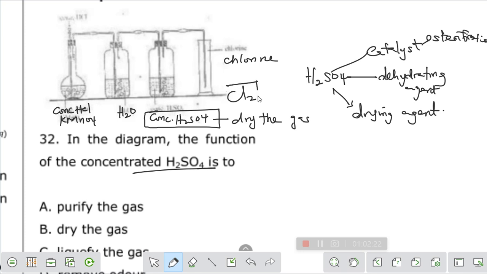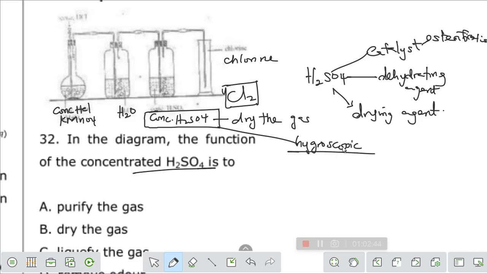Because chlorine gas, if you don't dry it, will contain some moisture, that is some water. It is the conc H2SO4 that will remove the water, because conc H2SO4 is hygroscopic in nature. If I ask you why conc H2SO4 is able to dry a gas, it is because it is hygroscopic. It can absorb moisture.